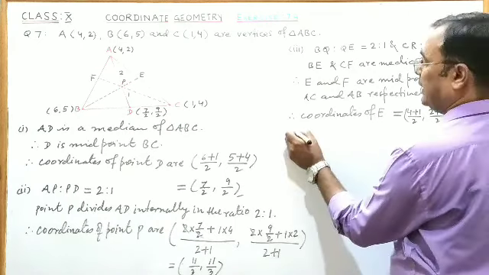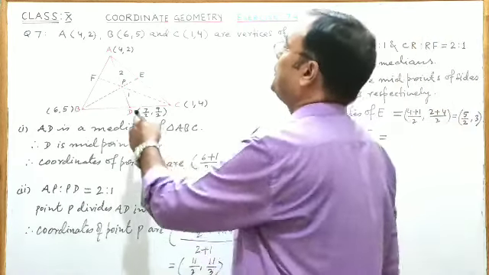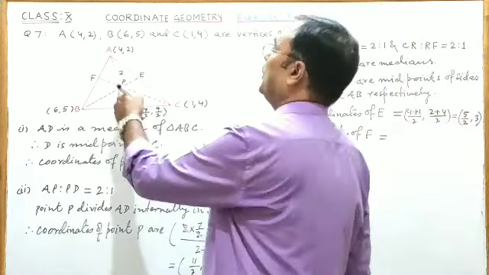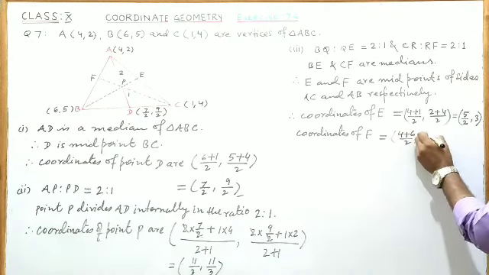Coordinates of F, which is midpoint of side AB, (4 plus 6) by 2, (2 plus 5) by 2, equal to 10 by 2, that is 5, and 7 by 2.